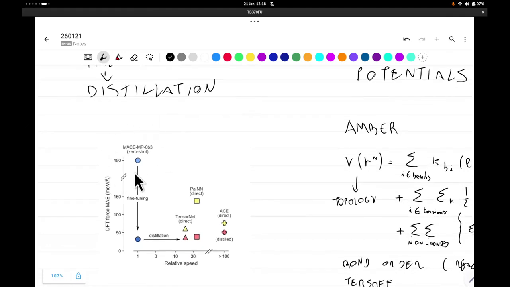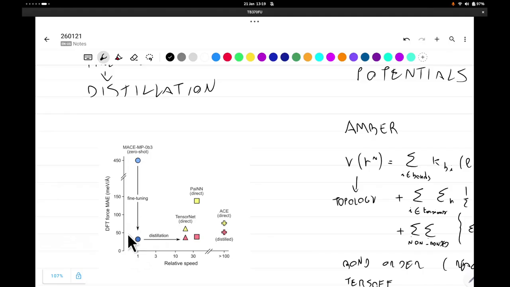It's called zero shot, so as it is, and then you use some reference data for the problem that you want, right? So here it is a particular performance for some system of water molecules. They took the MACE model, and then they say, okay, let's present a few configurations of these water molecules, and we fine-tune the same model. So that means that I further train my weights, but starting from the foundation model instead of from scratch.